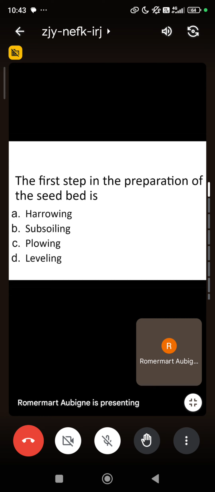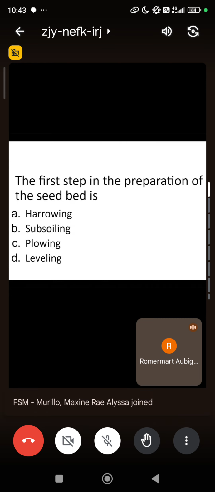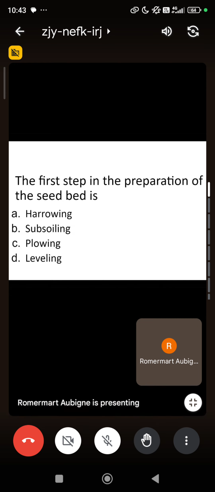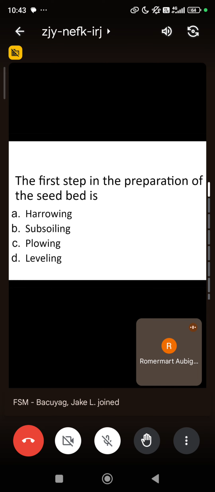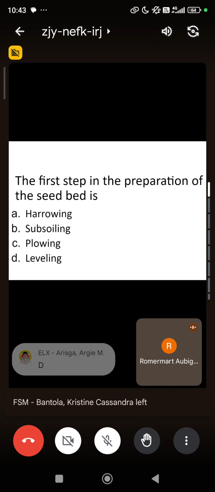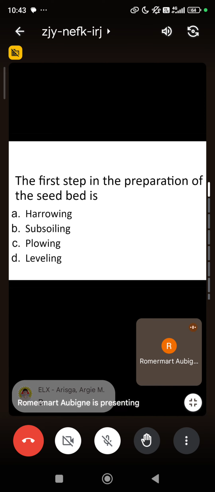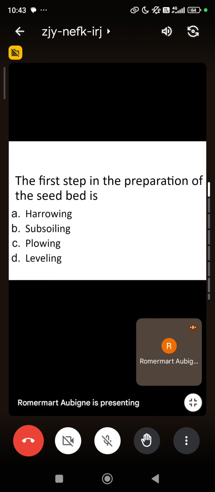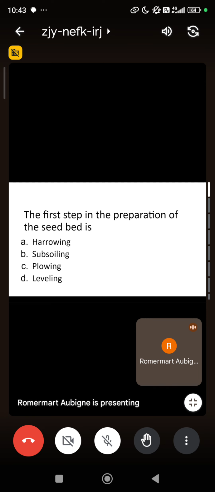Okay, so the first step in the preparation of the seedbed is, ano po yung tawag natin sa first step in preparation of seedbed? A. Harrowing, B. Subsoiling, C. Plowing, or D. Leveling. Tignan natin ang sagot ng ating mga students.